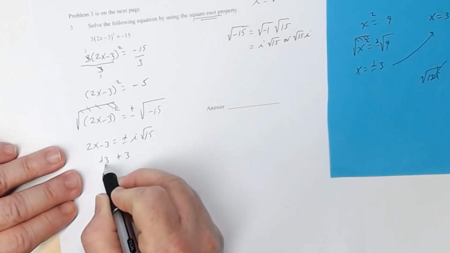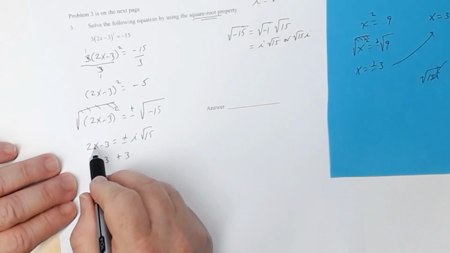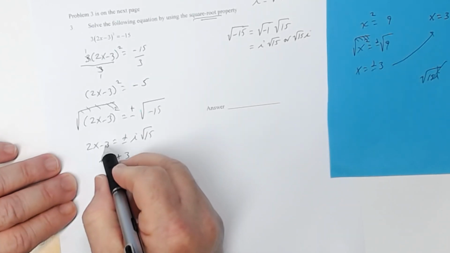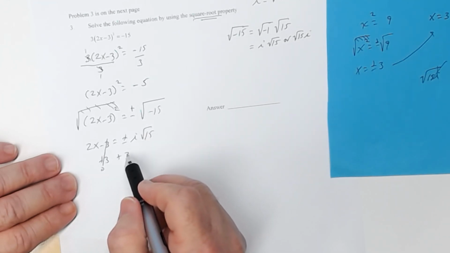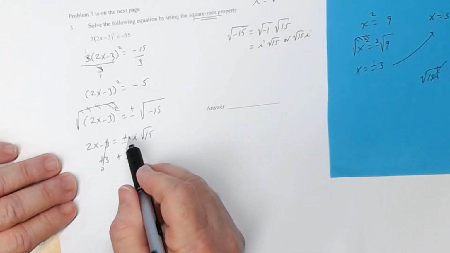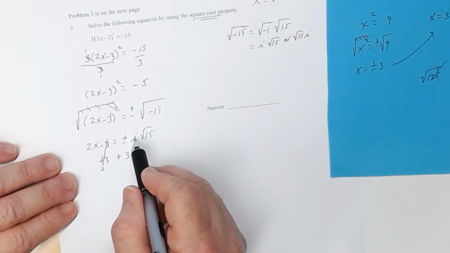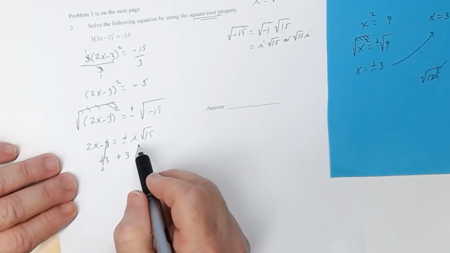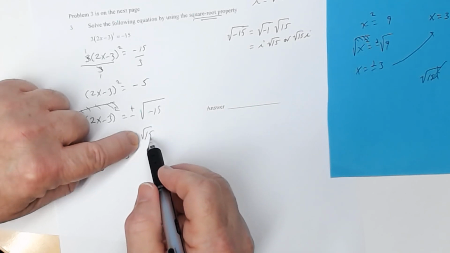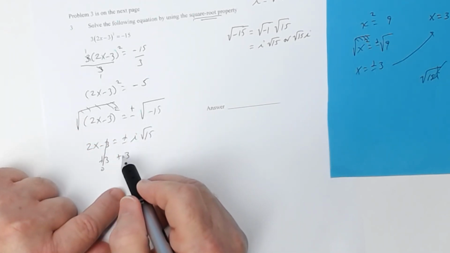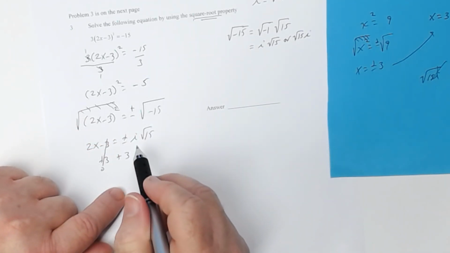What I do to one side, I do to the other, because remember, you're trying to get x by itself. 3 and negative 3 are opposites. Now be careful, those are not like terms. This, for one thing, has an i in it, this does not. Another thing is that the square root of 15 is irrational, and 3 here is rational. So those are not like terms.